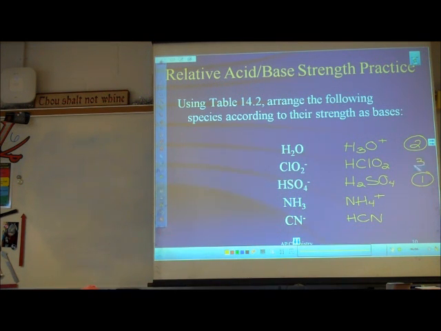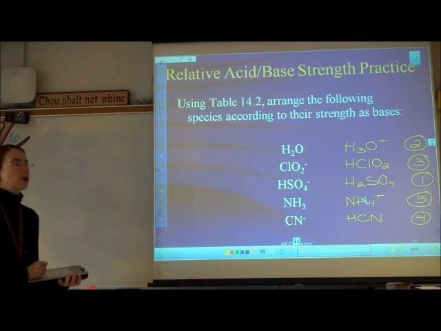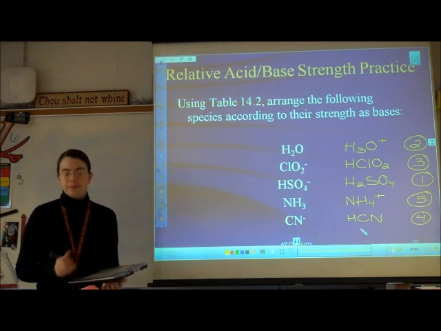Okay, so that's next in order. Between these 2, which has the larger Ka value? HCN. So NH4 plus is last. It's the weakest acid in this list.